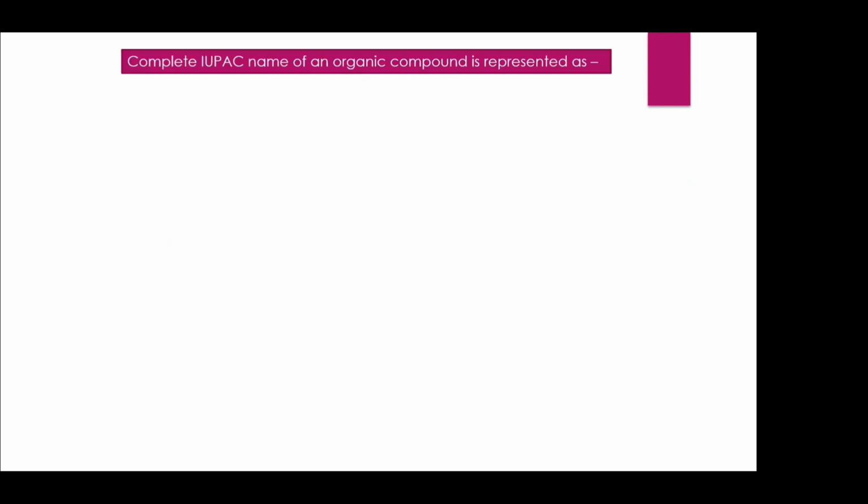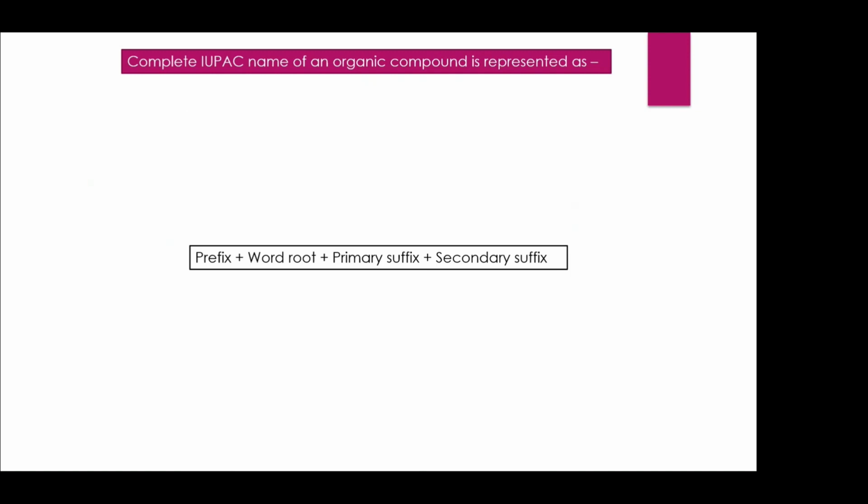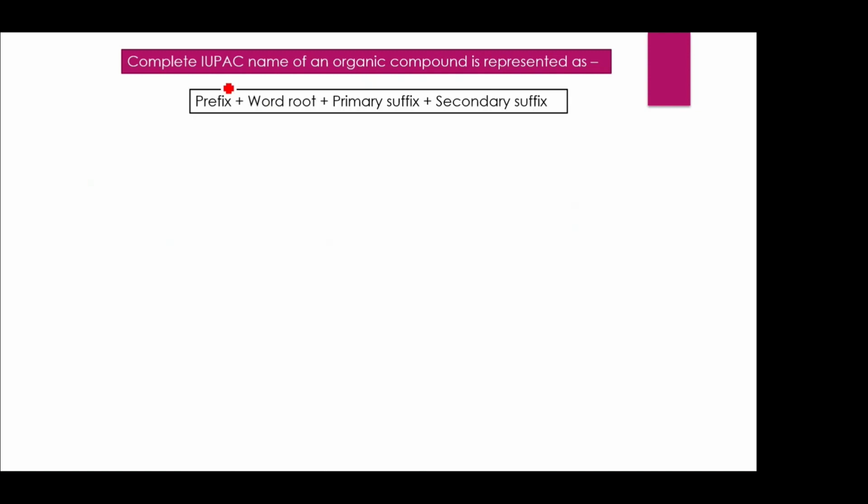Then the complete IUPAC name of an organic compound is represented as prefix, then word root, then primary suffix, then the secondary suffix. Let's see an example for this.